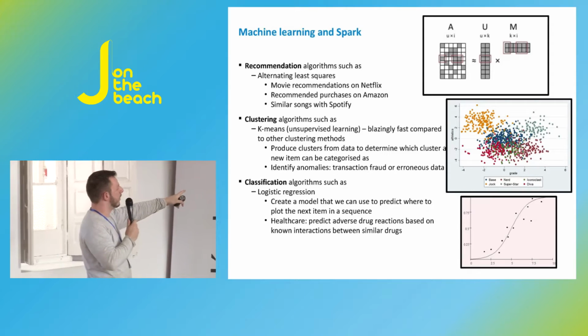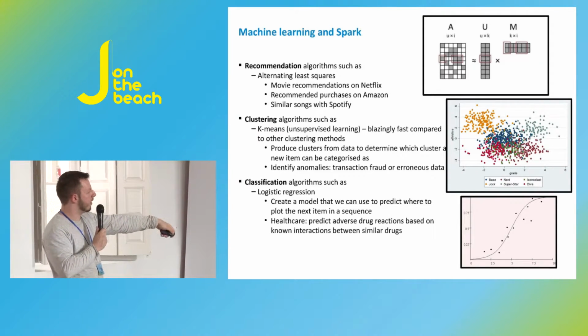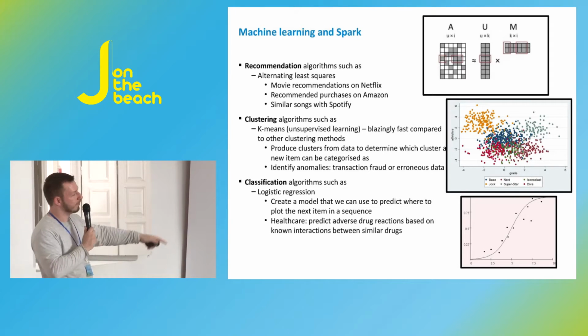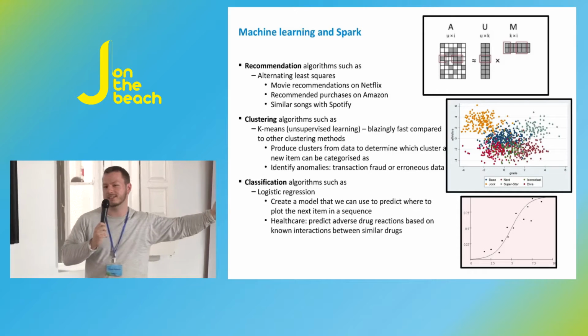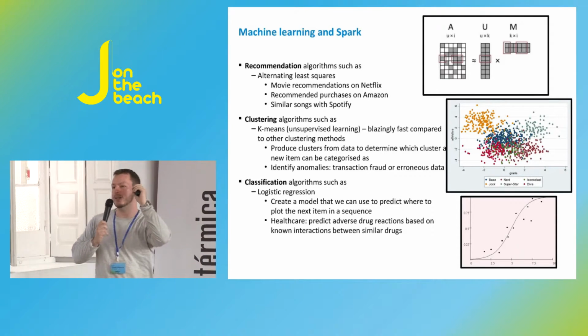There's also this one at the bottom, which is logistic regression. You probably can't see this, but at the very bottom right there is a graph. Hold on, I can't find my laser. Okay, my laser's gone. There's a graph at the bottom right, where you plot some given data points, and you've got a new data point.